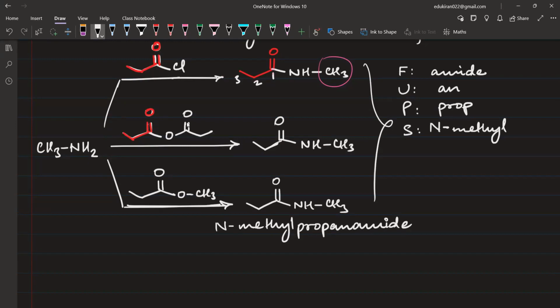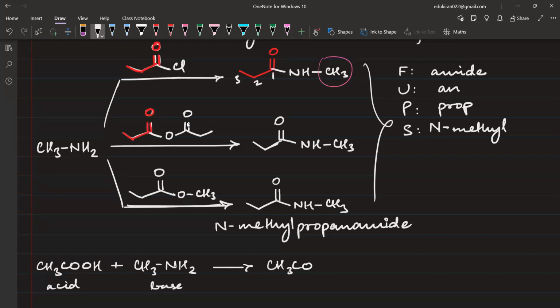So when you react, let us suppose CH3COOH with CH3NH2, since this is an acid and it is a base, there will be an acid-base reaction in which the hydrogen of COOH, the acetic acid, will go to nitrogen and you will get CH3COO negative, and here you will have NH3 positive, which is connected to CH3 like this. So you are basically getting a salt here.